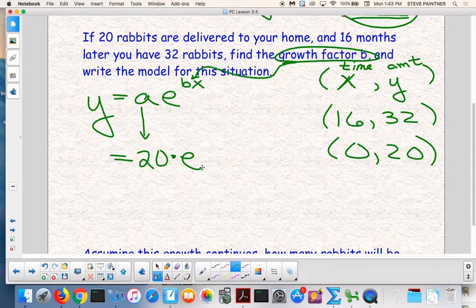And then we don't know B. We have to figure out B. What about X? 16 months go by. How many rabbits? 32. You see what happened? 20 grew to 32 over 16 months. Okay, solve it for B. Ready, set, go.